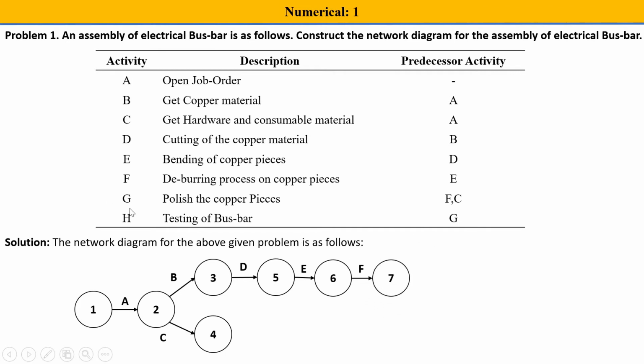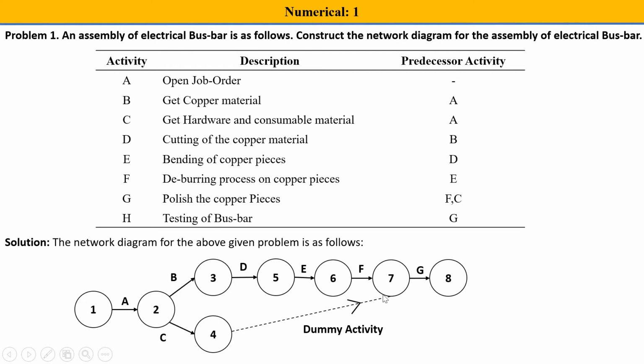Now for G, F and C are both predecessors, but there is no interrelation between them. Because they are coming from the same event, we cannot directly connect these activities, otherwise it will be wrong. So over here one more activity will come into action, that is the dummy activity. As we had talked, if you draw a line like this, it indicates a dummy activity.